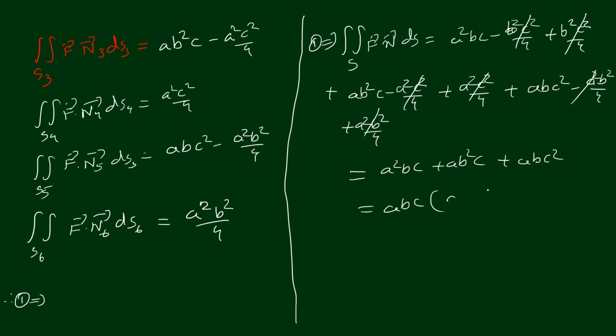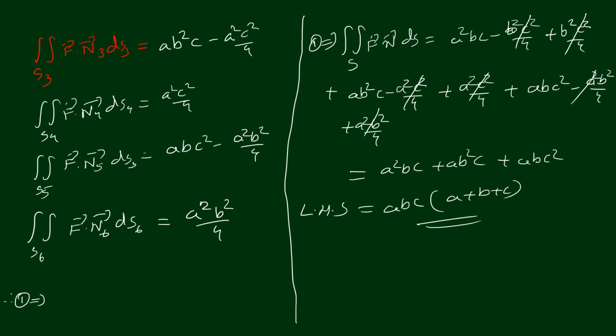What remains inside is a plus b plus c. So abc into a plus b plus c gives the total surface integral. If you give some numbers, for example a equal to 2, b equal to 3, c equal to 4, you will get a particular answer. So this is the left hand side of the Gauss divergence theorem.